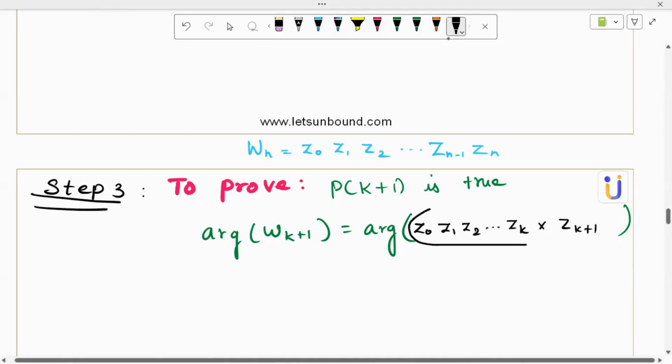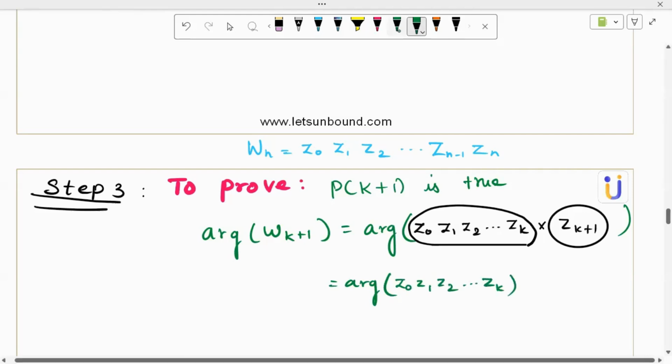Now, you treat this as a single complex number and this as another complex number. So how can we write this? We can split this as argument of Z0, Z1, Z2, and so on, Zk, or you can just mention Wk. When we are splitting the argument of Z1 and Z2, it will go as addition.